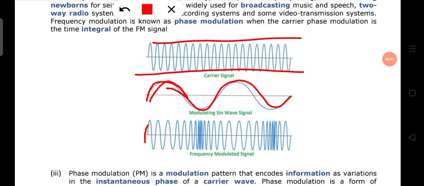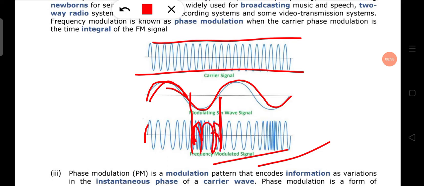Then on the negative side of the message signal, the frequency of the modulated signal is increased. That means a squeezed wave, or very consecutive waves.